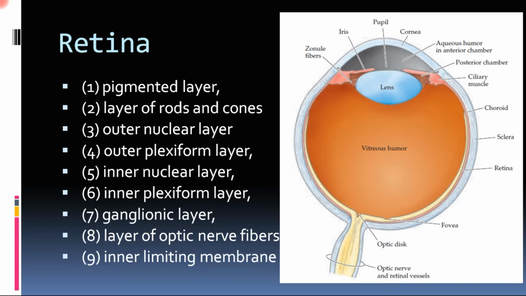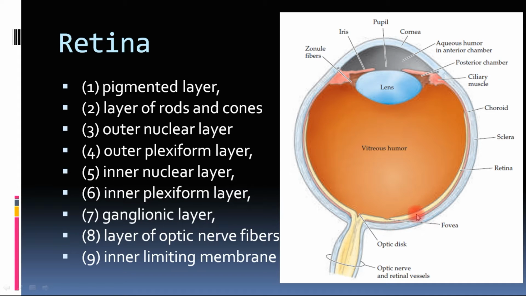As you can see here, this portion is the retina. The yellowish structure here is the retina, and this is the receptor or the sensory aspect of the eye. As we considered the eye as an optical system in the previous videos, inside this optical system resides a sensor, and that sensor is the retina.